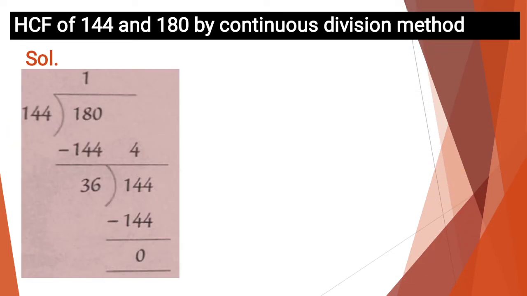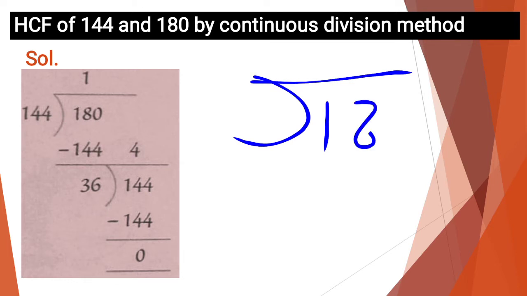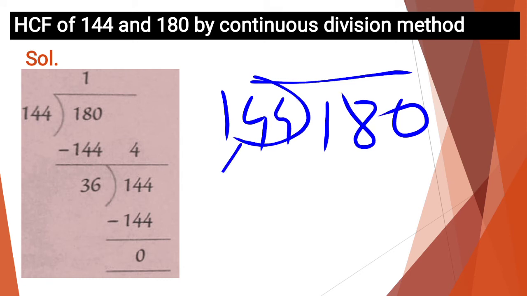So don't worry. You are given 144 and 180, and you have to find the HCF of 144 and 180. At first you have to write the numbers like this. Here we write the bigger number, which is 180. The second is 144, which is the divisor.